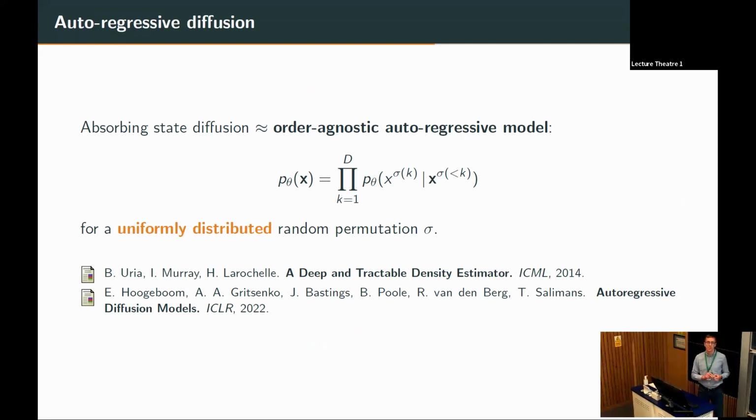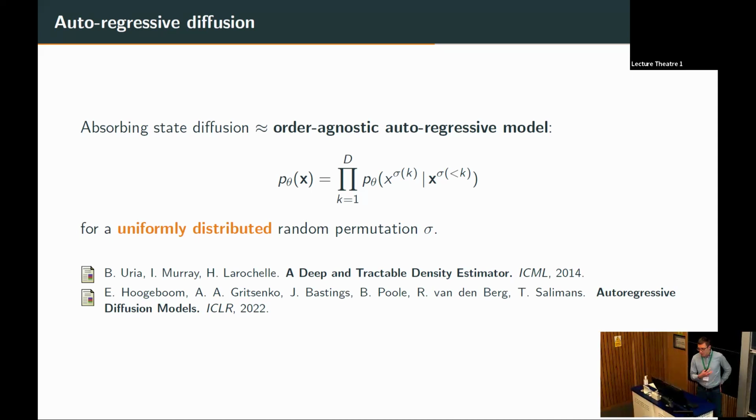So an autoregressive model that samples the coordinates of this x vector one at a time. And specifically, since the order in which we mask out these elements is random, it's similar to what's referred to as an order agnostic autoregressive model. These models are essentially based on this factorization of the joint PDF over this vector x, which is an autoregressive factorization, but where the order of this product is given by a random permutation sigma.